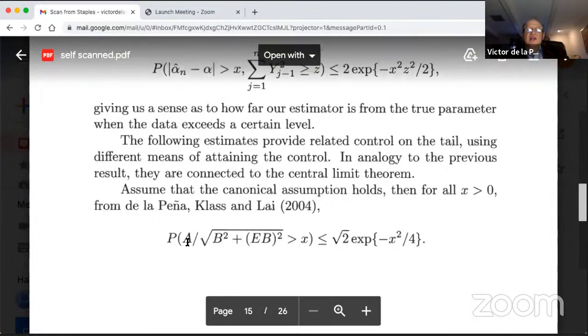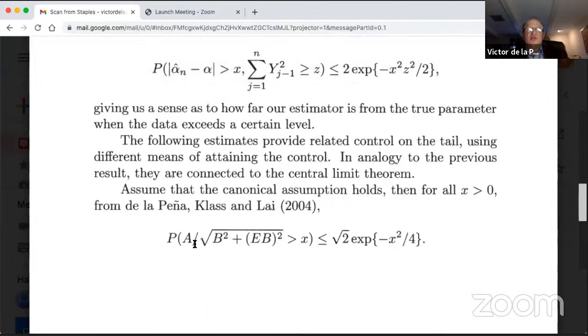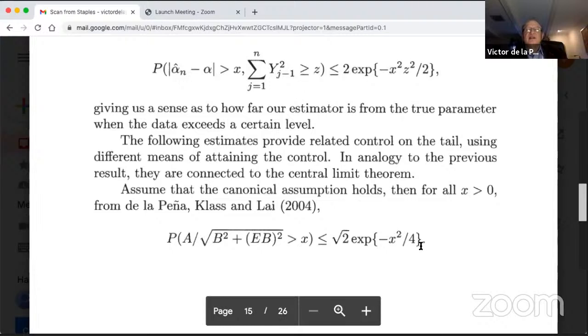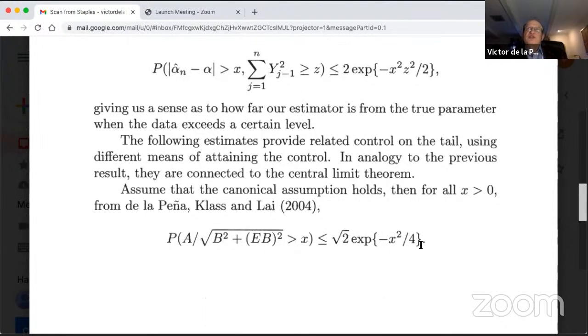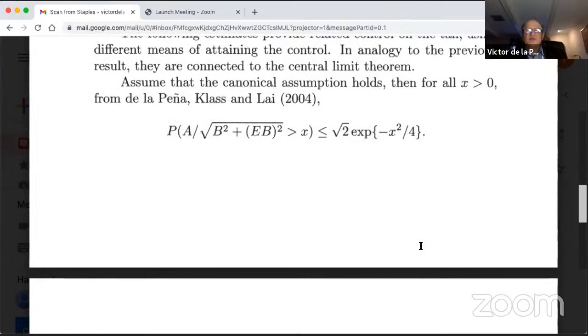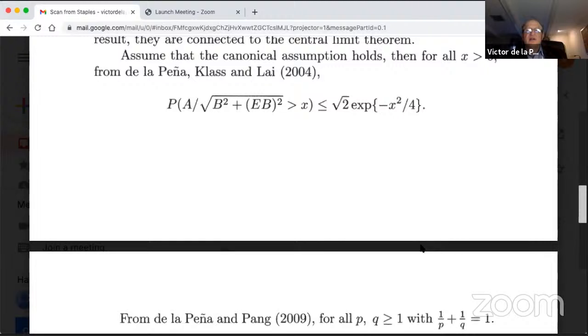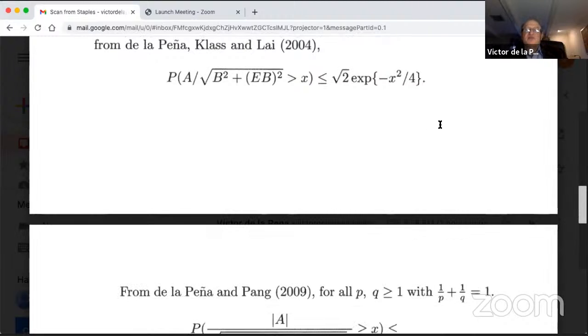That is to say, in general, the probability of A over B being bigger than X cannot be sub-Gaussian. So this is, if you want to say, a meta inequality for sub-Gaussianity. As long as you have control on the Laplace transform or the moment generating function of your variables, the canonical condition, you can get sub-Gaussianity.